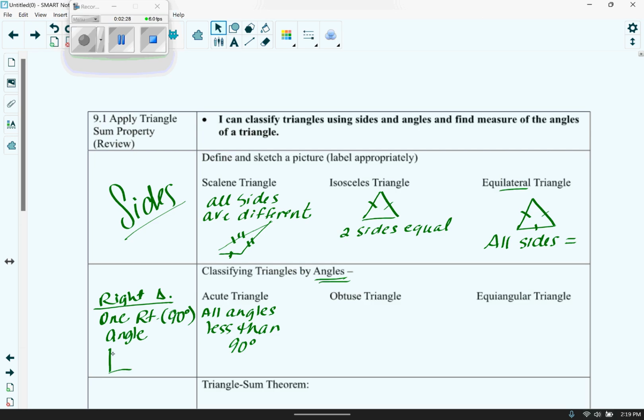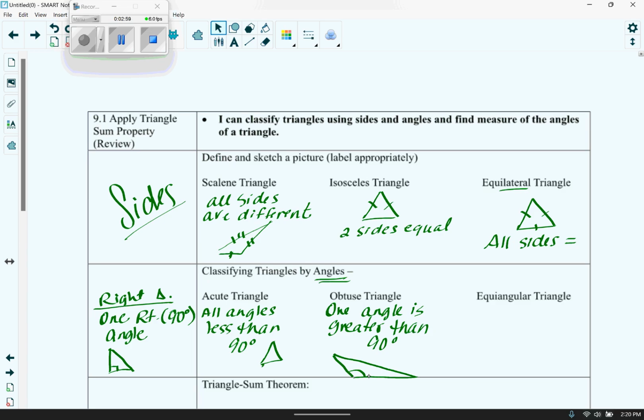Usually depicted with a box. This is just going to be your typical obtuse triangle. We're going to have one angle that is greater than 90 degrees, such as that one.